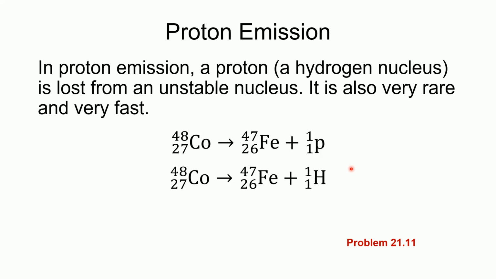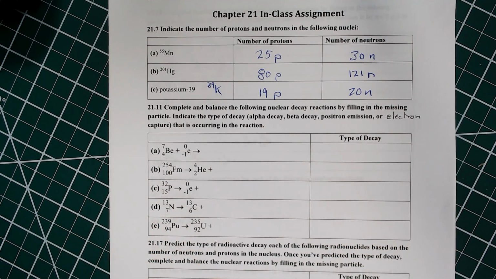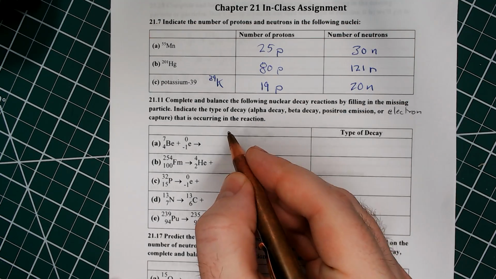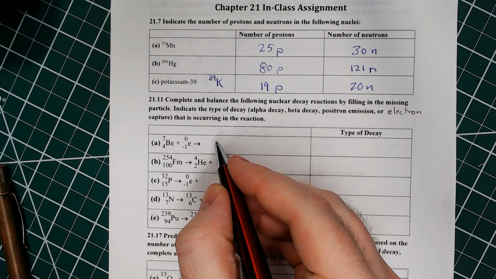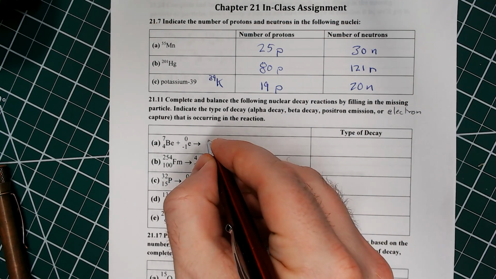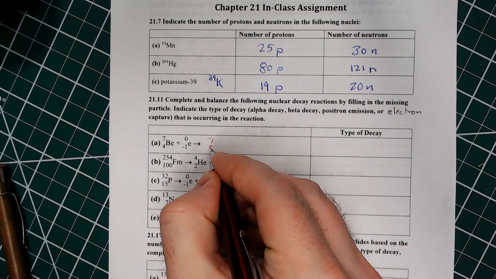So now we want to look at number 11 on the in-class assignment. So I'm going to switch over to the in-class assignment. We'll scoot down here. Okay. So the easiest way to go about setting up these problems is simply to do the math. So 7 plus 0 is 7, and 4 plus -1 is 3.